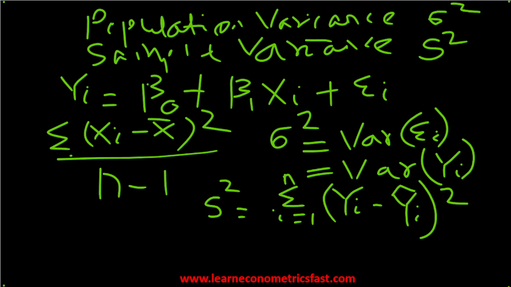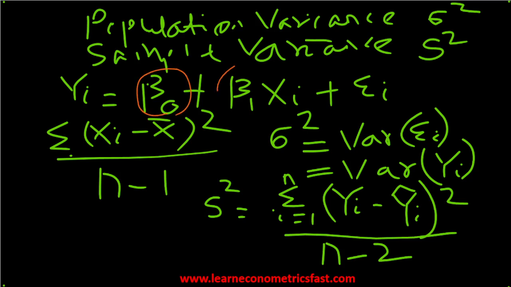So we are taking the difference between the observed value, yi, and the predicted value, yi cap, and then dividing that by n minus 2. Now the question is, why 2? Earlier we deducted only 1, here we are deducting 2. This n minus 2 is the degrees of freedom, and 2 is the number of parameters in the model, that is beta 0 and beta 1.